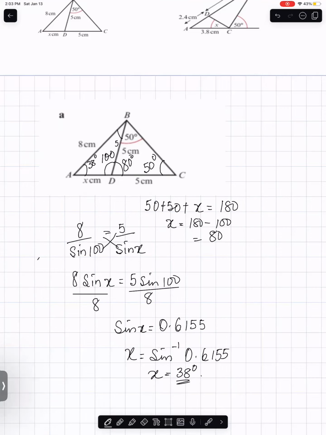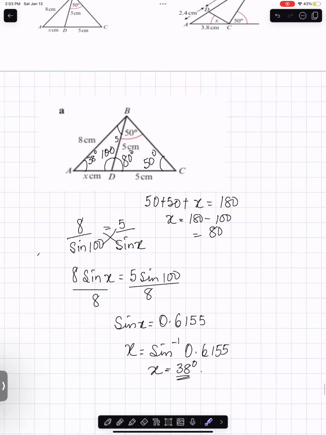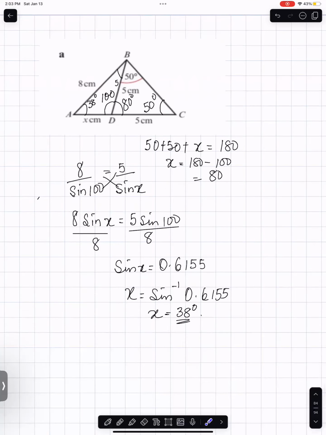So having gotten this angle, we can look for the angle opposite to our x plus 5. So using the sum of angles in the triangle, I'll have 180 minus 100 plus 38 degrees.